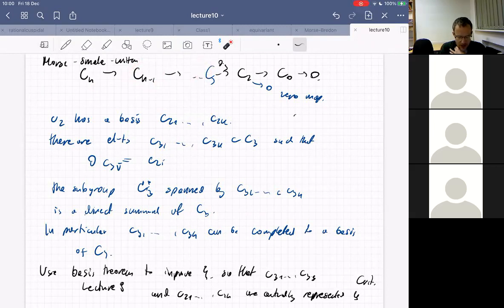So if n is greater than 5, then you can get rid of critical points of this index as well. But we already assume that n is greater than 5. Anyway, this is the conclusion.